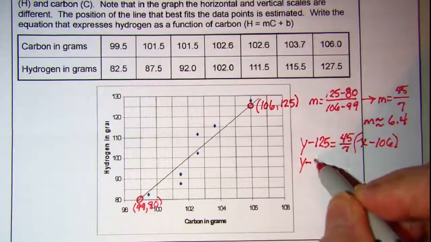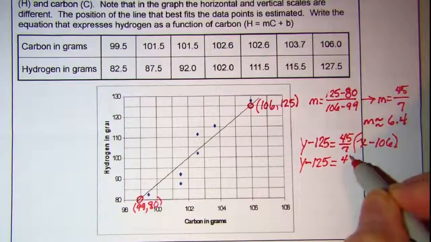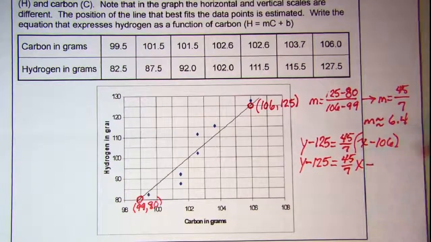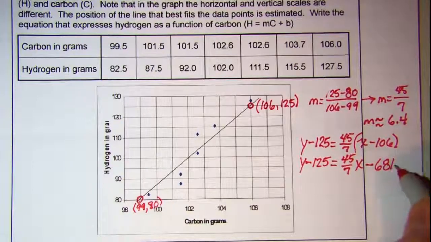So y minus 125 equals 45/7 x minus, and when I multiply this, I get approximately 681.4.